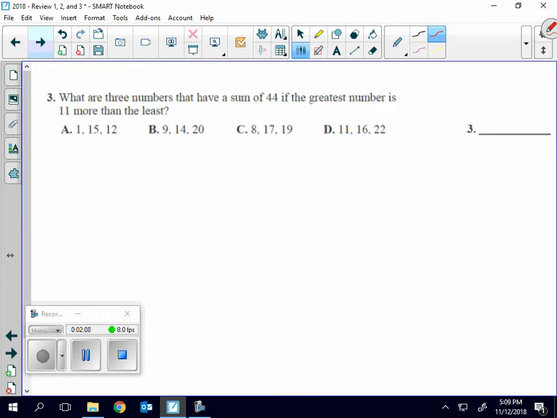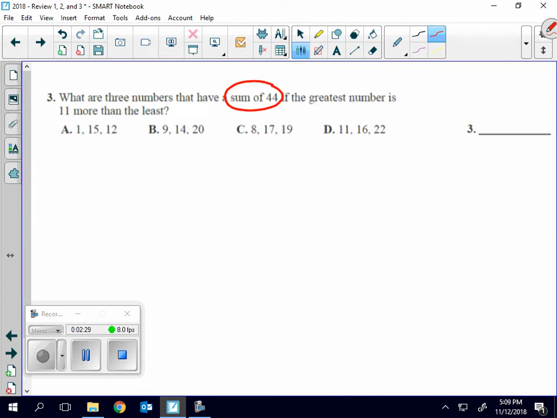Number 3, what are 3 numbers that have a sum of 44 if the greatest number is 11 more than its least? So first of all, we want to double check that all of these have a sum of 44. Okay, that's the first thing it says, a sum of 44.